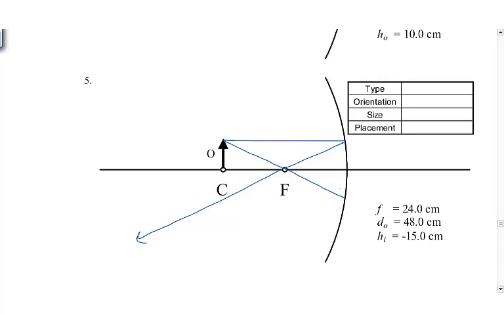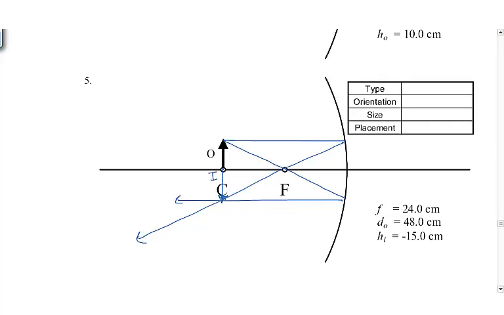So through the focal point and parallel to the axis. Pretty close to where I should be. If you draw it perfectly, in this case, the image should be right at the same location as the object. So image would be there.